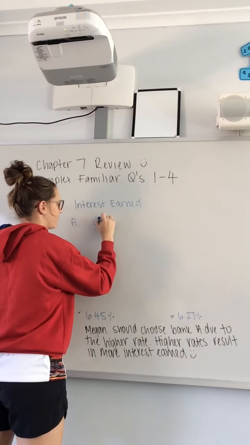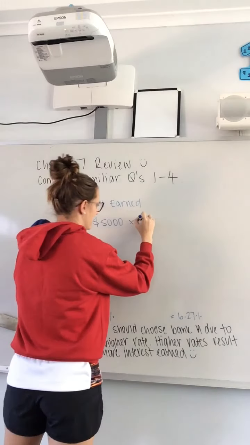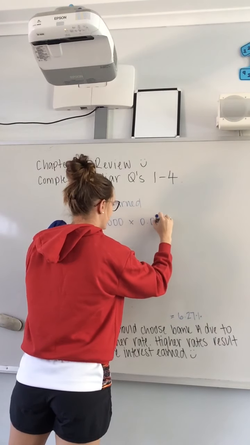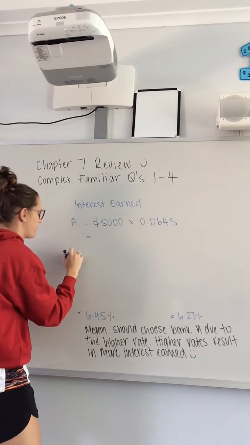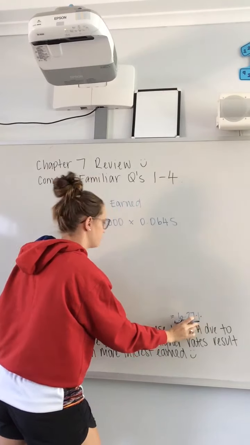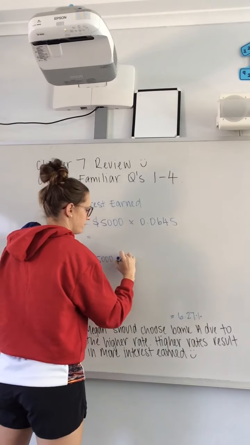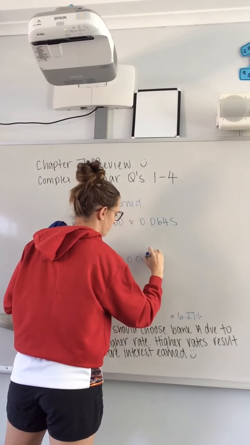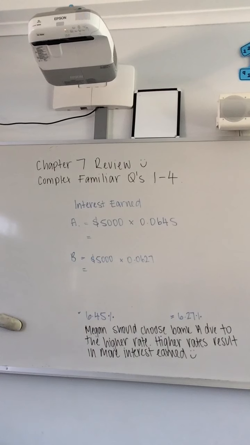So it's going to be $5,000 multiplied by her rate, 0.0645. Now her interest earned for Bank B is the same thing. We're finding 6.27% of that $5,000. So if I grab my calculator and put that in, you could be doing this now too.